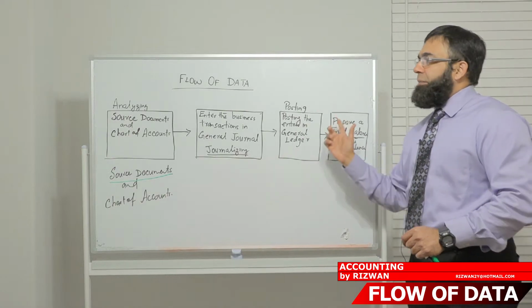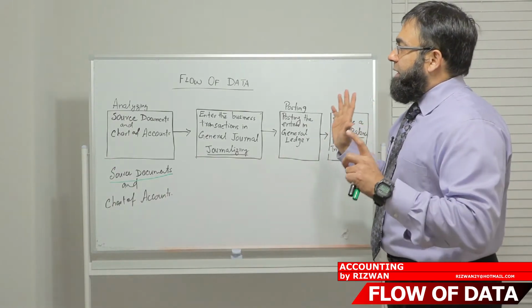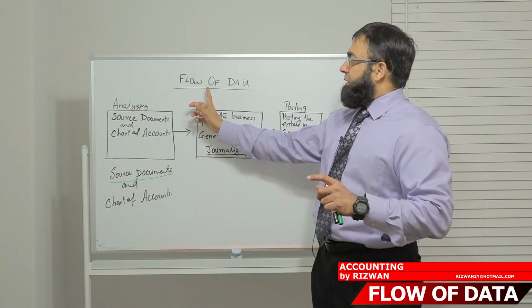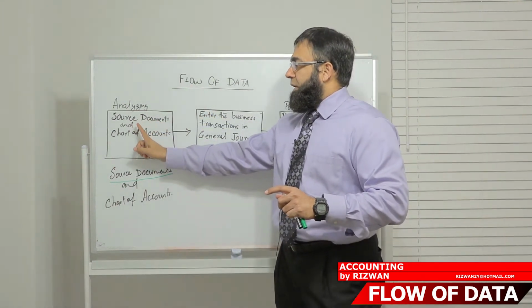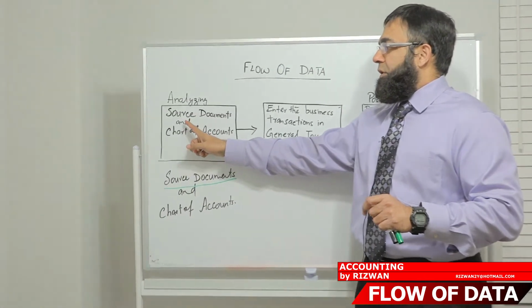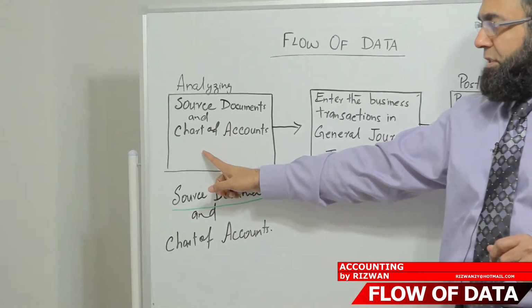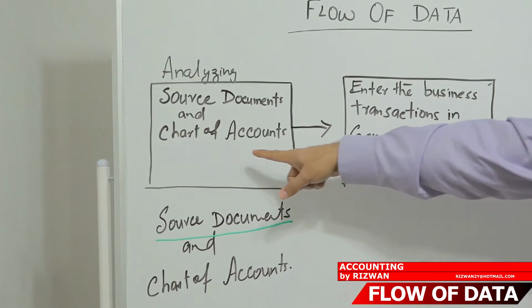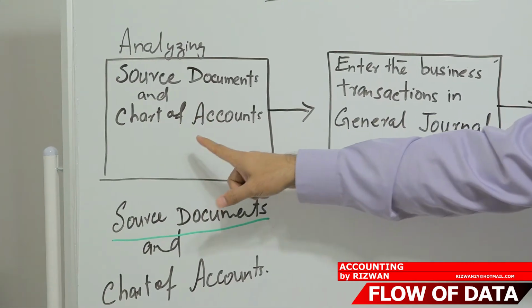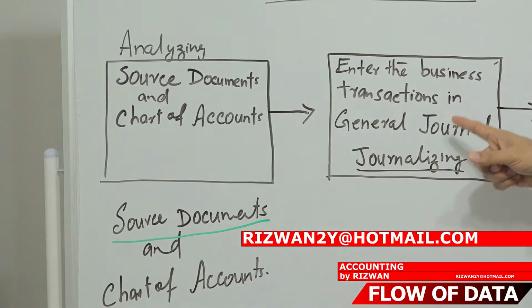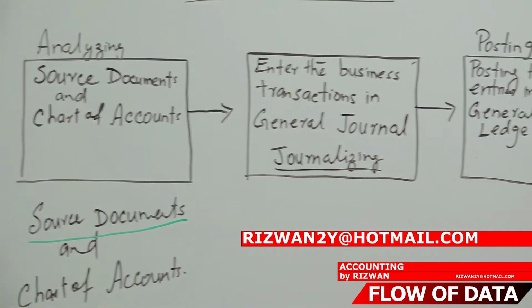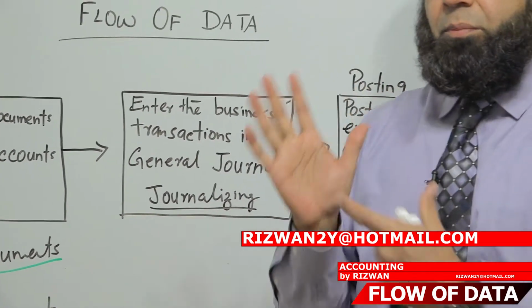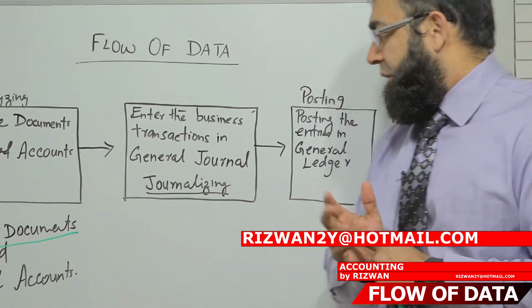Let me repeat one more time, that will help you understand how the data will flow. For the first step, we have analyzing, which is based upon source documents and chart of accounts. Then we enter the business transactions in the general journal. The process is called journalizing, because we are putting those transactions in the general journal.